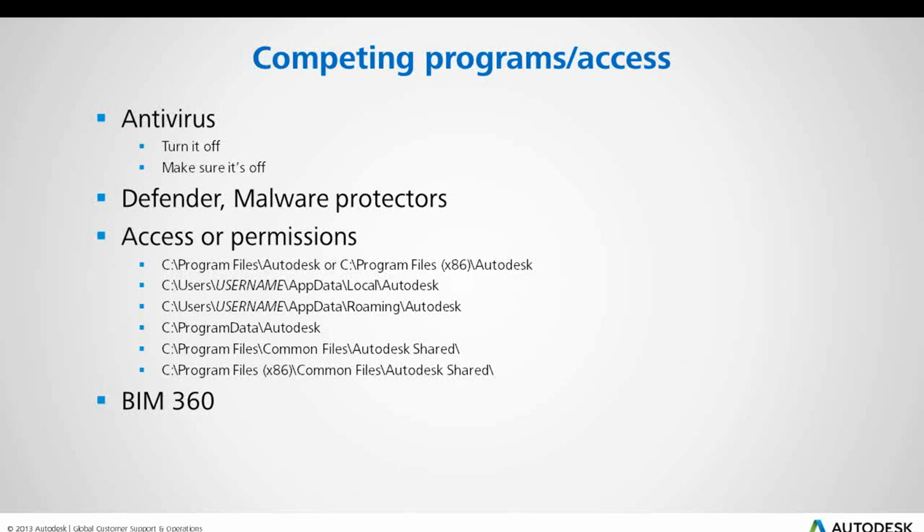And sometimes if you already have that installed from a previous install, and then you're doing a reinstall using a suite installer, and this only applies to suite installers, it will see that the BIM 360 add-in is already installed, and most likely you have applied an update to it since it got installed, so it's a newer version than what the suite installer is looking for, and the suite installer fails out at that point.